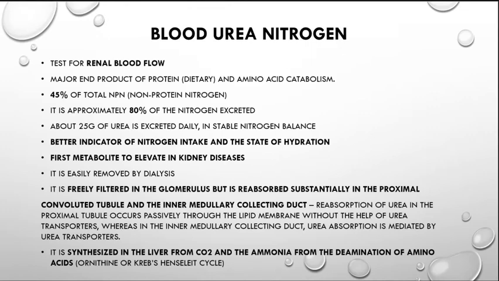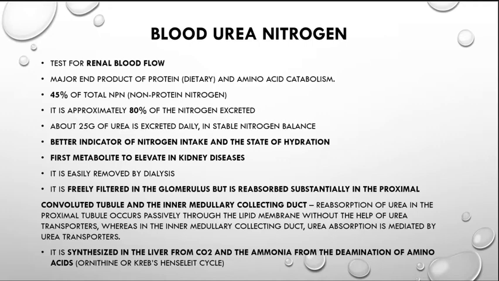Let's start. We'll first discuss your blood urea nitrogen or your BUN. One thing you have to take note of is that, as I've said, this is a test for your renal blood flow. It is the major end product of protein and amino acid catabolism. About 25 grams of urea is excreted daily, in stable nitrogen balance.